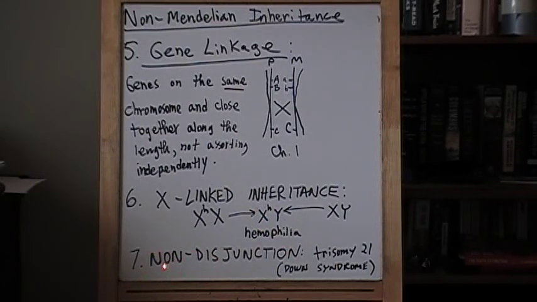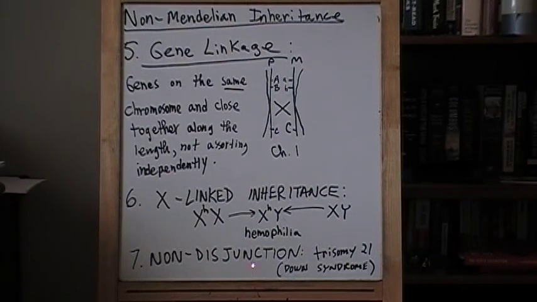Another thing that is mentioned in chapter 8 is nondisjunction, and I don't think it's on the exam, but I think I should cover it just for completeness. And that's the idea that occasionally in older egg cells, you may not have meiosis occurring properly, and some of the smaller chromosomes may not separate properly in meiosis.